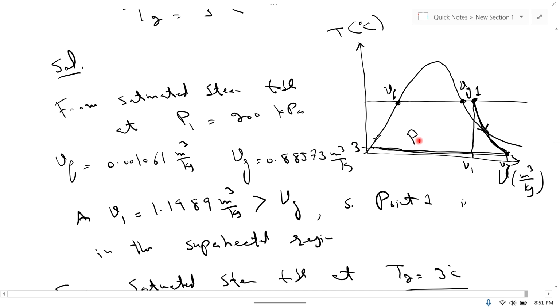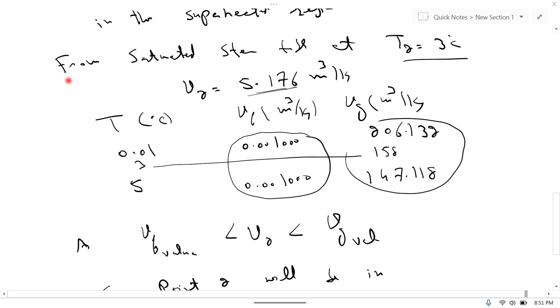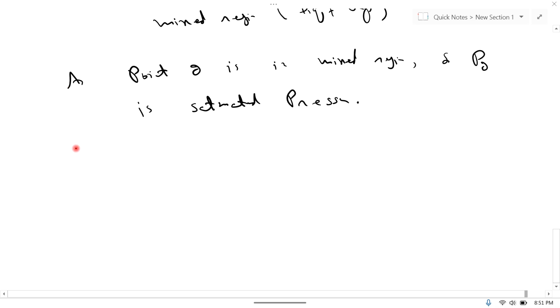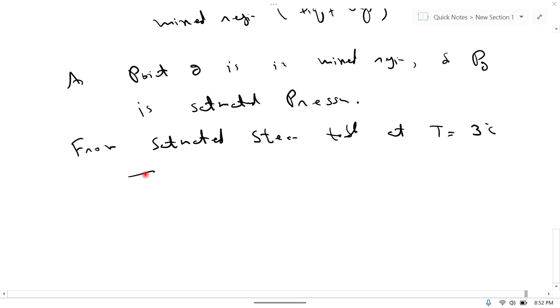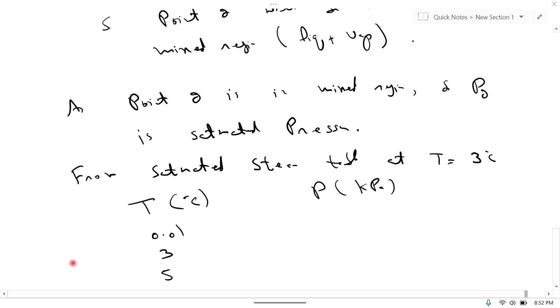So we will find the saturated pressure at 3 degrees centigrade. From the saturated steam table, at temperature equal to 3 degrees centigrade, it is not available, so we will do interpolation. 0.01 degree centigrade and 5 degrees centigrade are available, but we have to find the pressure at 3 degrees centigrade.